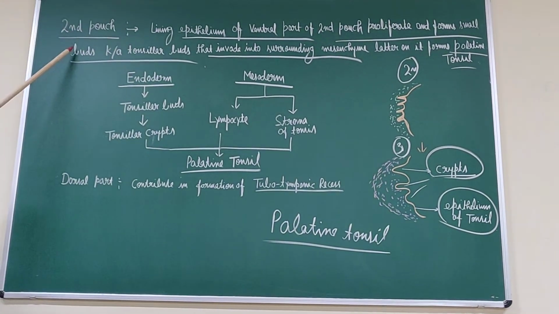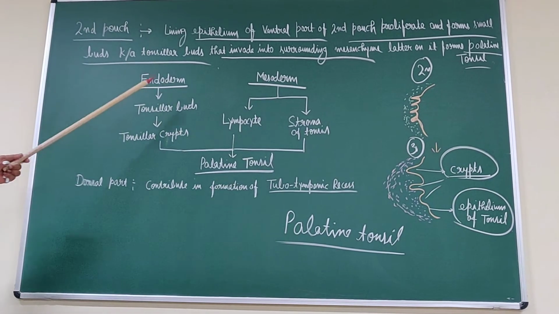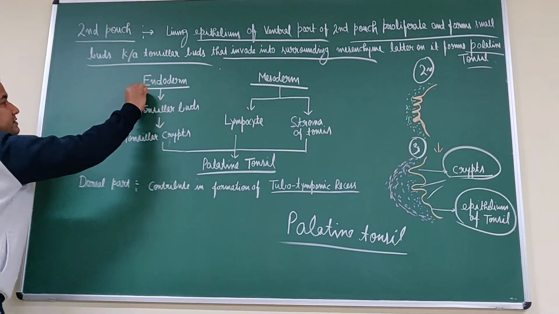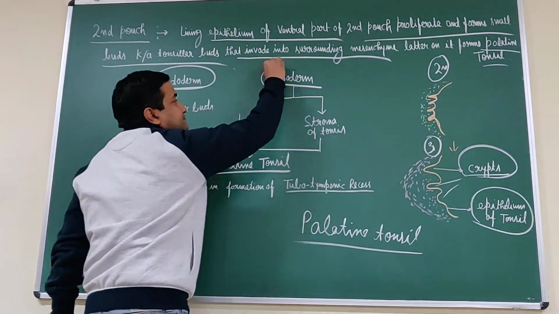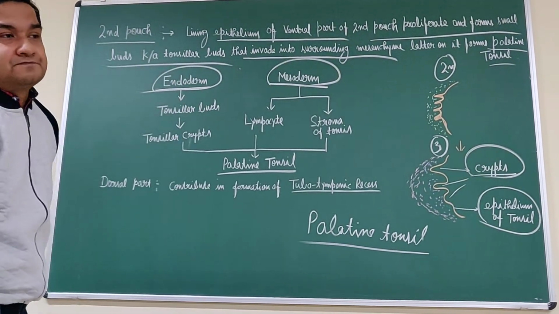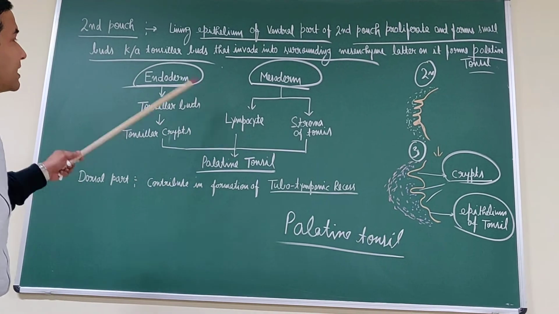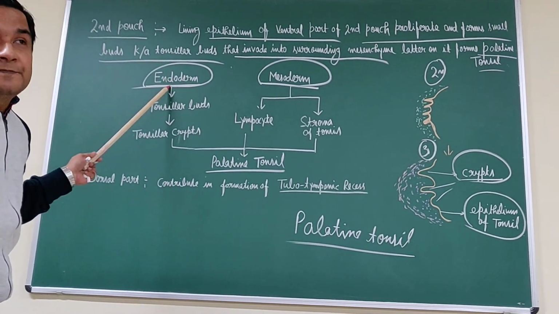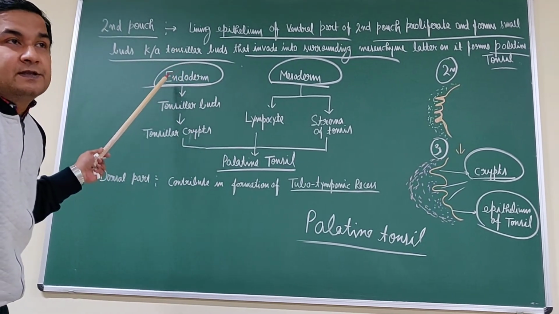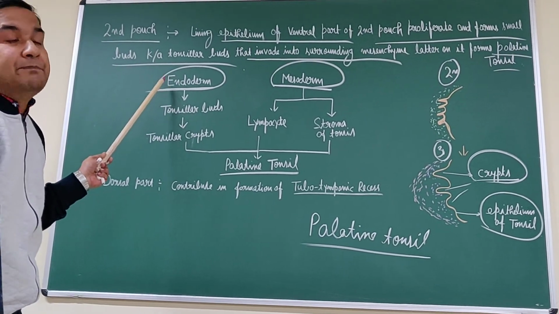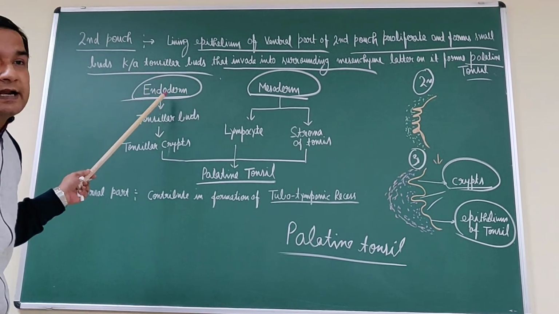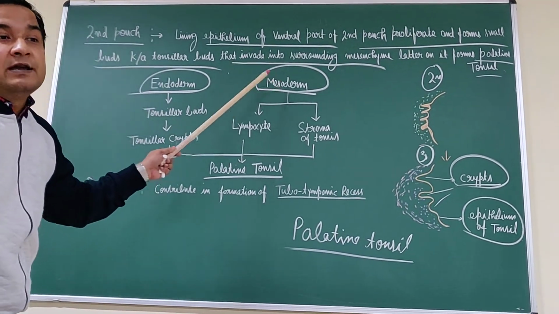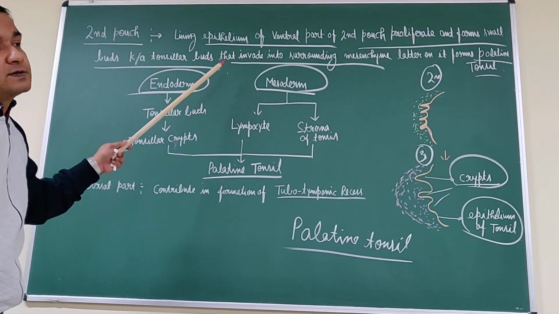Now in brief, how is the palatine tonsil formed? It has two sources, endoderm and mesoderm. Any gland is formed by two sources. The endoderm forms the epithelium of the gland, the parenchyma, while the mesoderm forms the capsule.